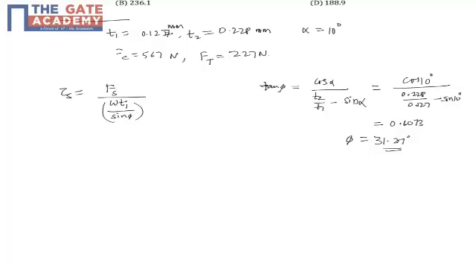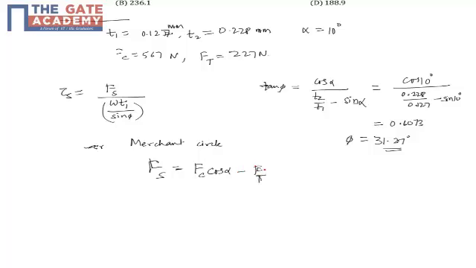Now the shear force. You have to compute the shear force from Merchant's circle. From Merchant's circle, the shear force is given as Fc, the cutting force, cos alpha minus Ft sine phi.